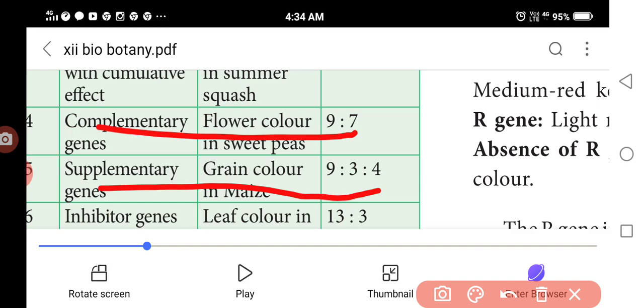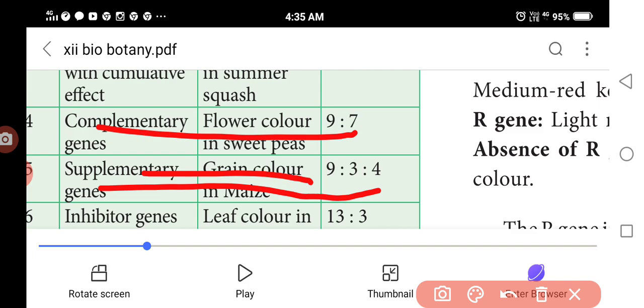Supplementary genes means two allelic gene pairs control the phenotypic expression of a trait, but the dominant gene of one pair is expressed itself only when the dominant gene of the other pair is present, whereas the dominant gene of the other pair is expressed even in the absence of the dominant gene of the first pair. The best example is grain color in maize.